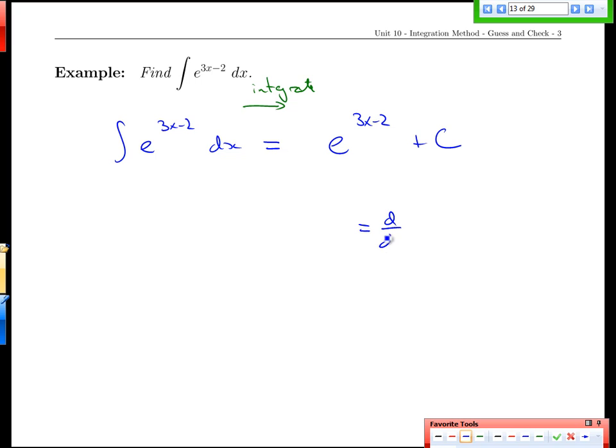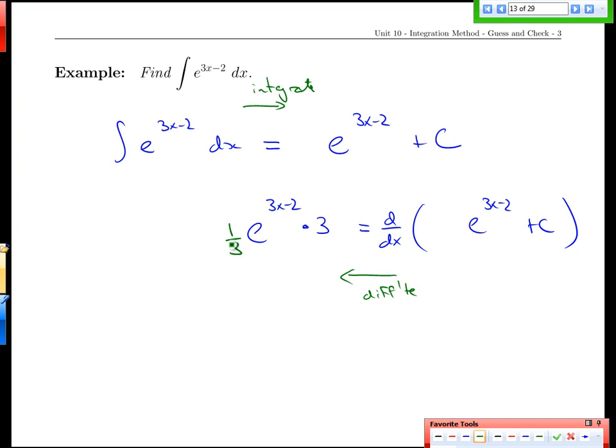We're going to take the derivative of e to the 3x minus 2 plus a constant. When we differentiate that, we get e to the 3x minus 2 again, of course. The derivative of e to the anything is e to the same thing, times the derivative of the exponent, though, and that'll give us a 3. So exactly as in the last case, we have an extra 3.